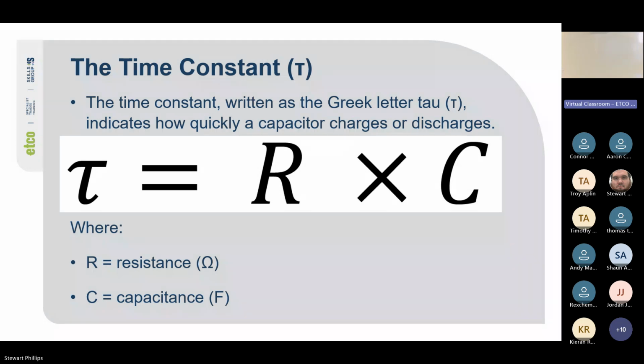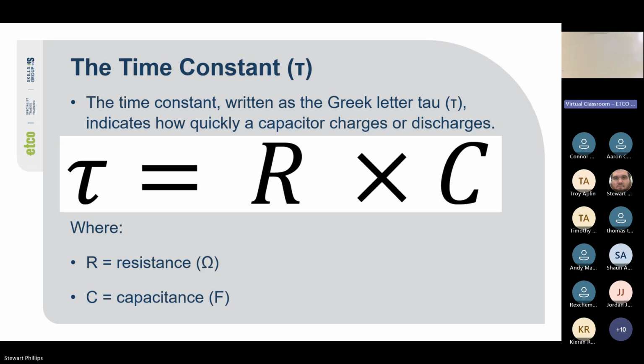Because remember, resistance is the opposition to current flow. So the more resistance we have, the slower that current flows, the longer it takes for our capacitor to then charge and discharge. So if we increase resistance, it's going to take longer because the current has more resistance to go through.